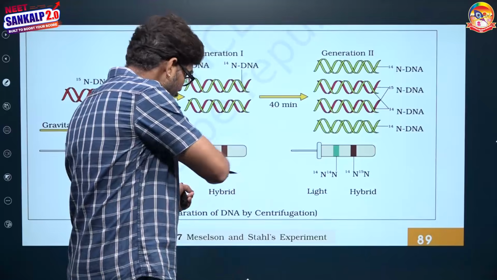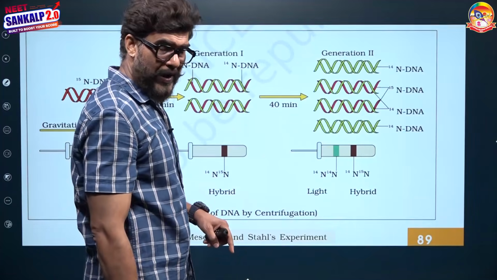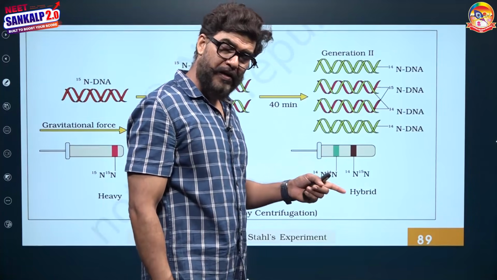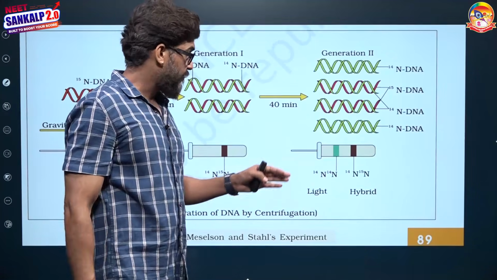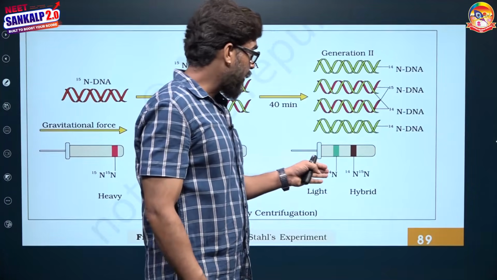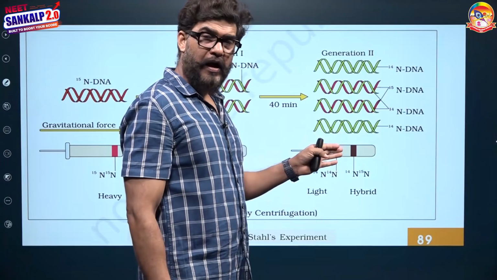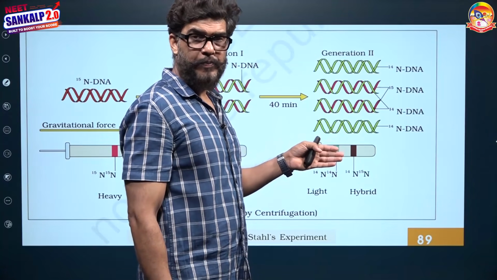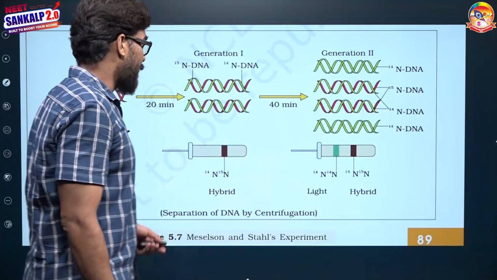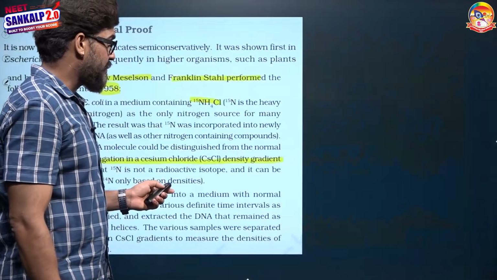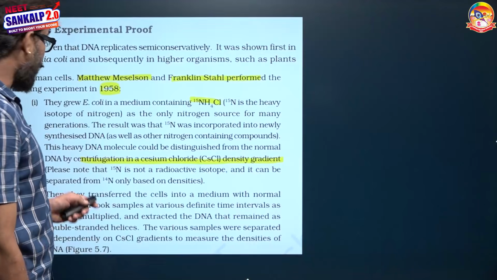Here, when these act as double templates, 14 will synthesize 14 and 15 will synthesize 14. So 2 of the DNA would be 14 and 2 of the DNA would be hybrid, meaning 15 and 14. It confirms that the genetic material is double stranded and replication is semi-conservative.